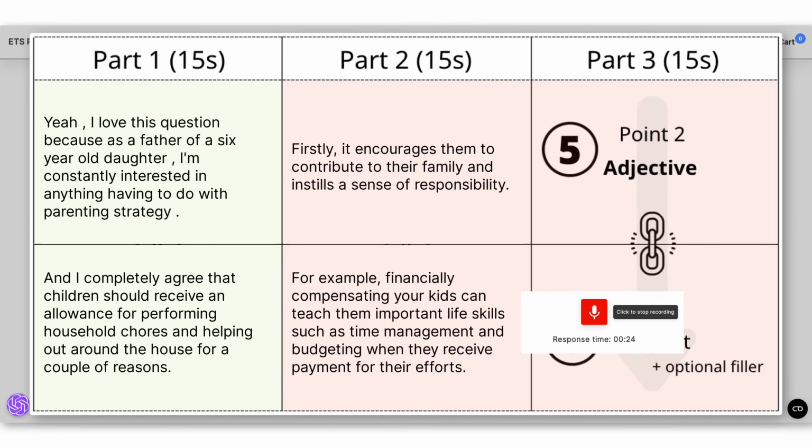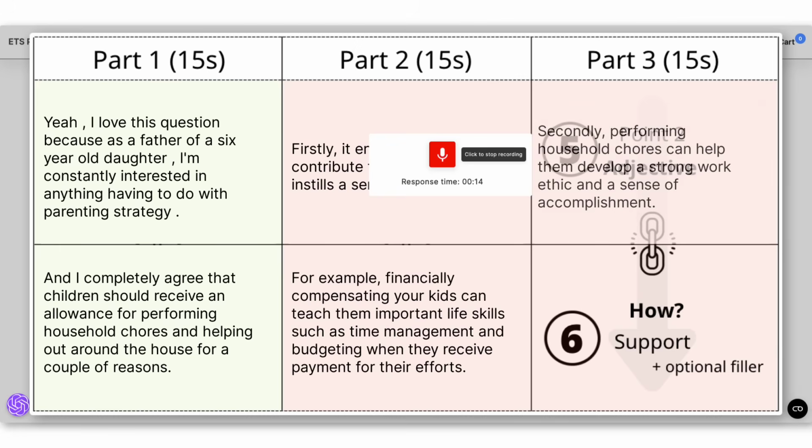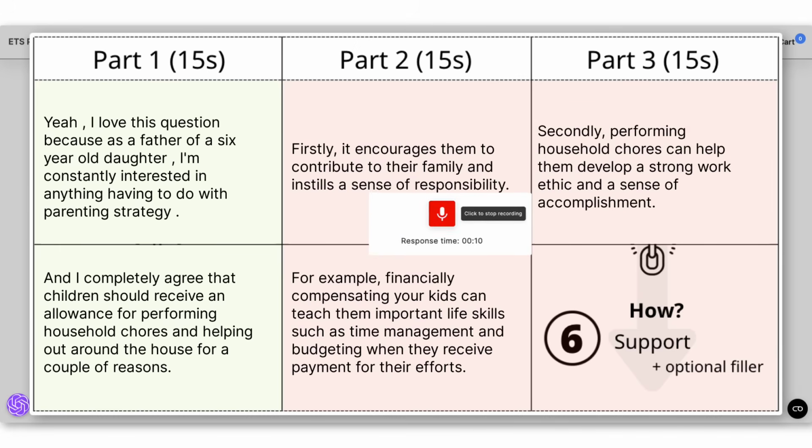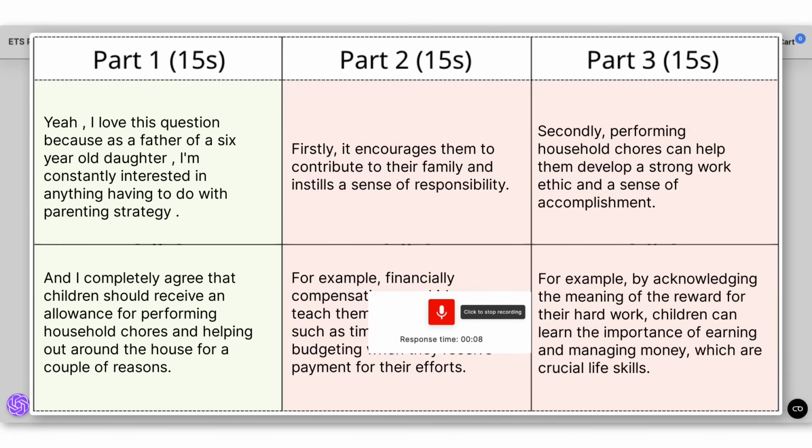For example, financially compensating your kids can teach them important life skills such as time management and budgeting when they receive payment for their efforts. Secondly, performing household chores can help them develop a strong work ethic and a sense of accomplishment. For example, by acknowledging the meaning of the reward for their hard work, children can learn the importance of earning and managing money, which are crucial life skills.